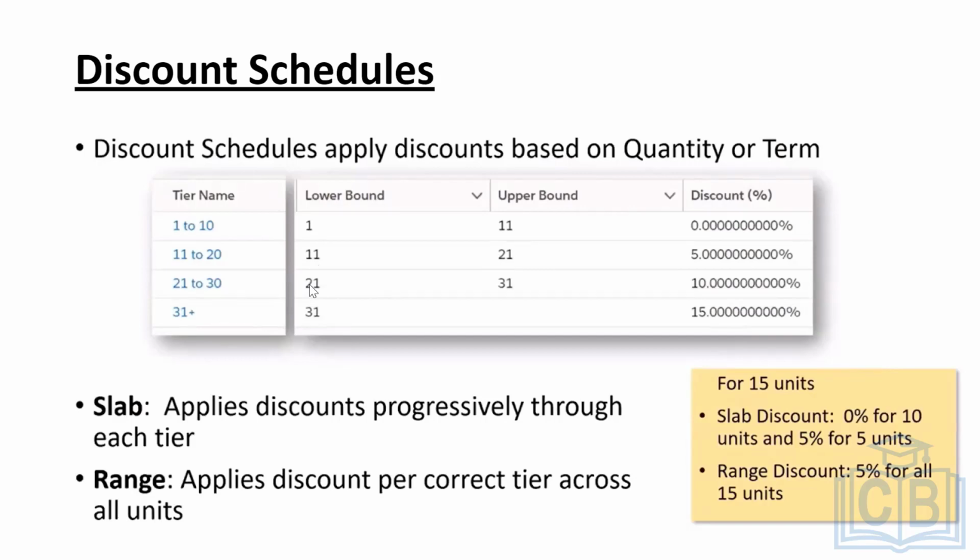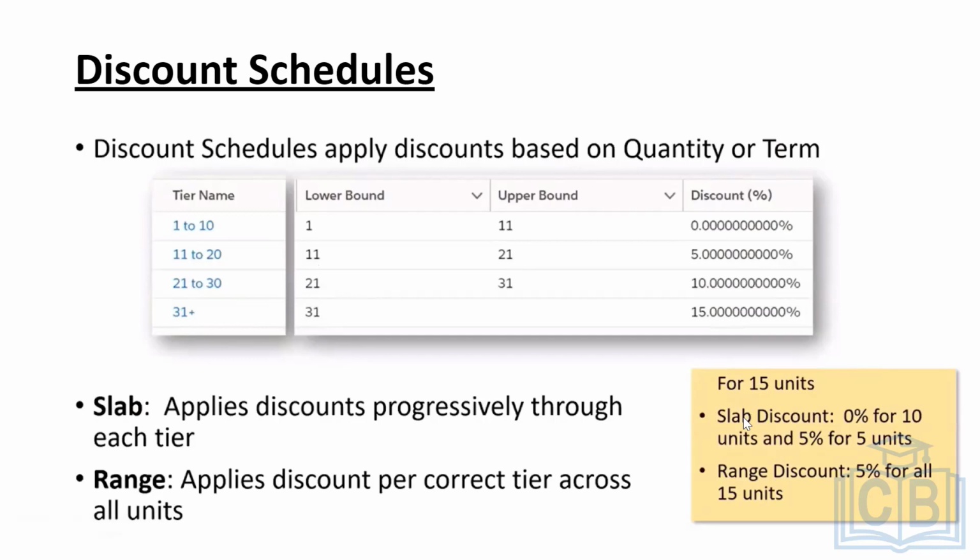Quite the same. Just we have two types of discounting schedule. First is a slab, other is a range. Slab applies a discount progressively through each tier, whereas range across tier will apply across all units. Suppose I have added an example here for 15 units.